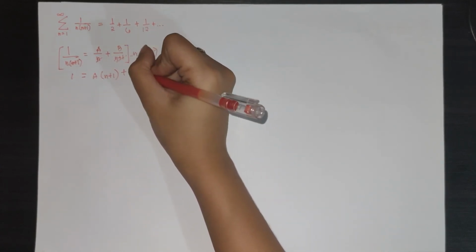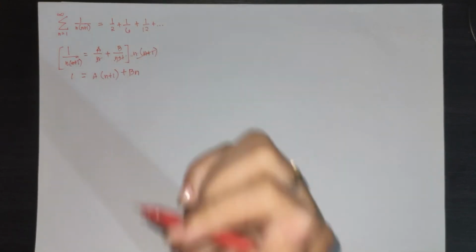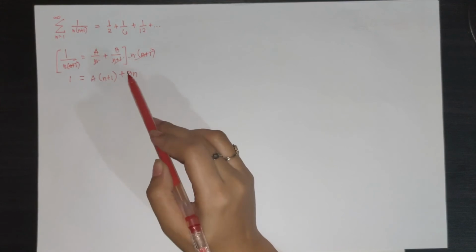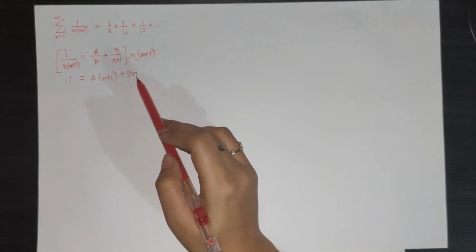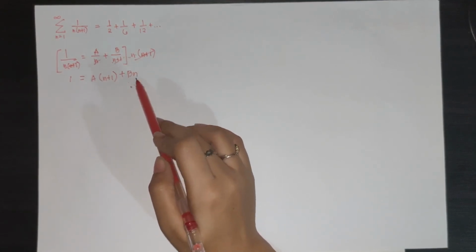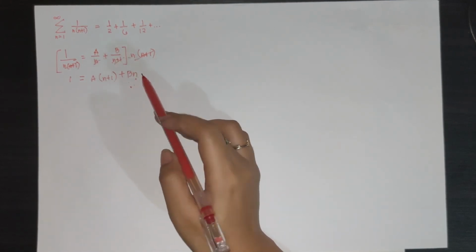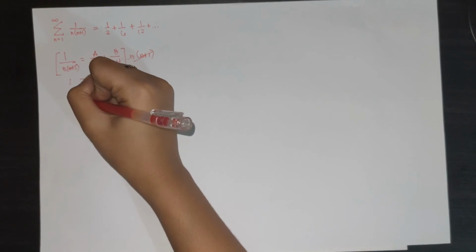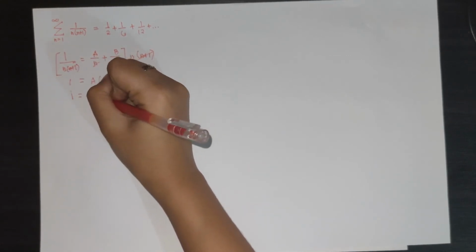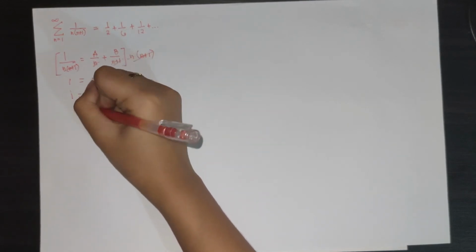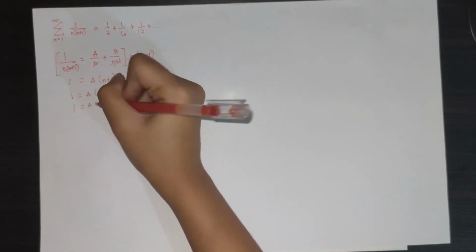What I'm going to do is plug in 0 into this expression so that the bn term will disappear. So when n is equal to 0, I have 1 is equal to a times 0 plus 1. 1 is equal to a times 1.